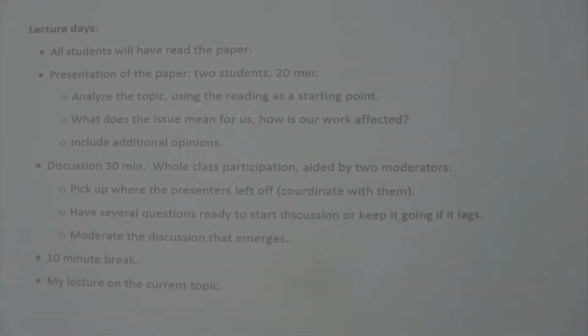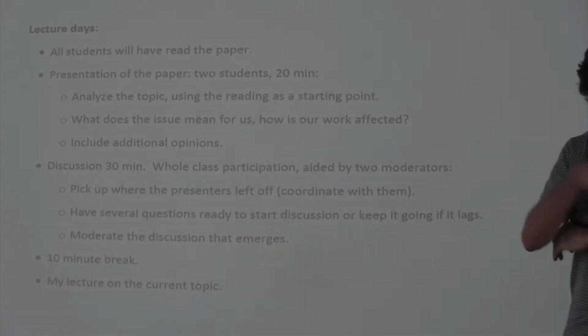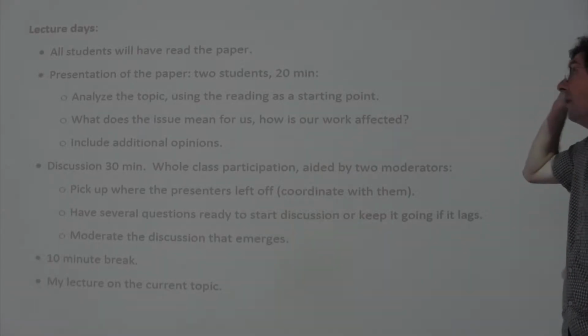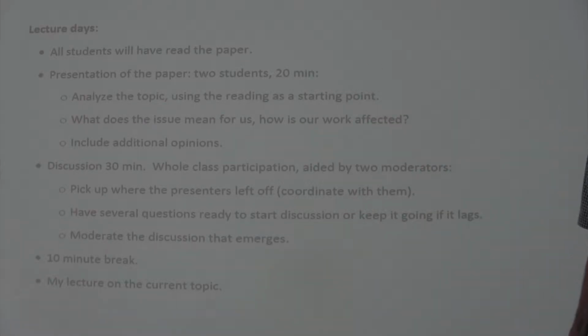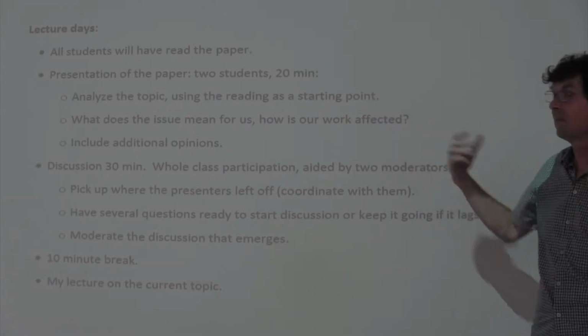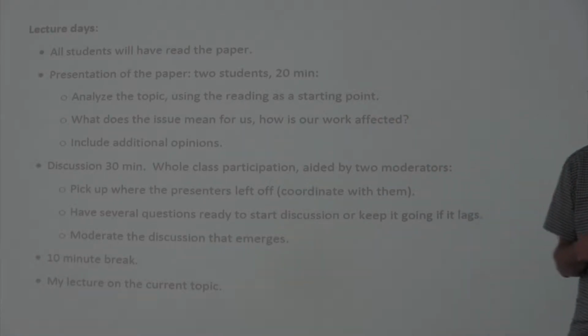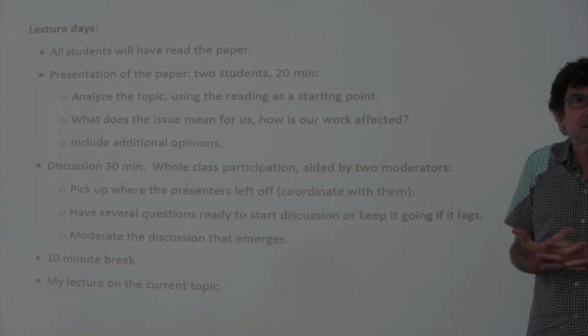Lecture days are going to go like this. All of you will have read the paper. The paper is online, and there's a link to it, so read it beforehand. Then 2 students will make a presentation of the paper, and I'll give you an idea of what is expected. It's not just a presentation of the paper. The paper is a starting point. Read the paper and think, what are the most salient features?